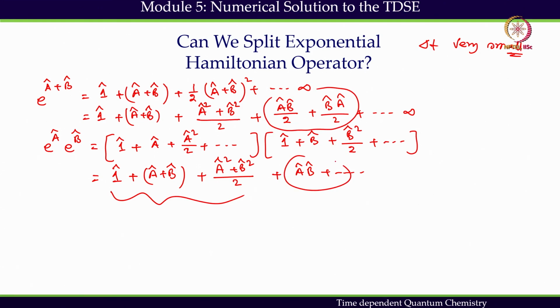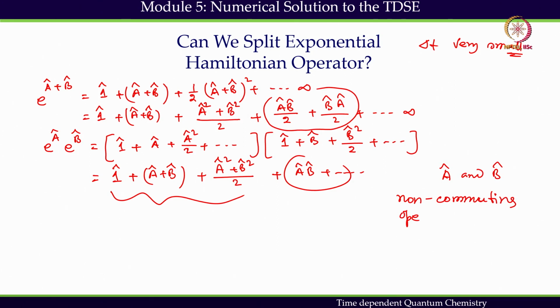So, it is quite clear that as long as a and b are non-commuting operators, the definition of commutators of a pair of operators, we have shown that in the previous module.